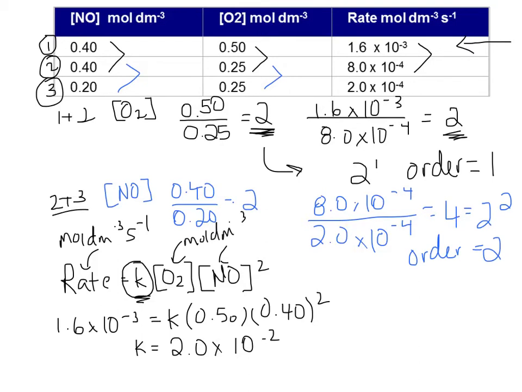And then because the NO is squared, it's going to be moles squared per decimeter to the 6. What I want you to do is use these units to figure out what the units of K is going to be. You should get decimeter to the 6, mole to the minus 2, second to the minus 1.